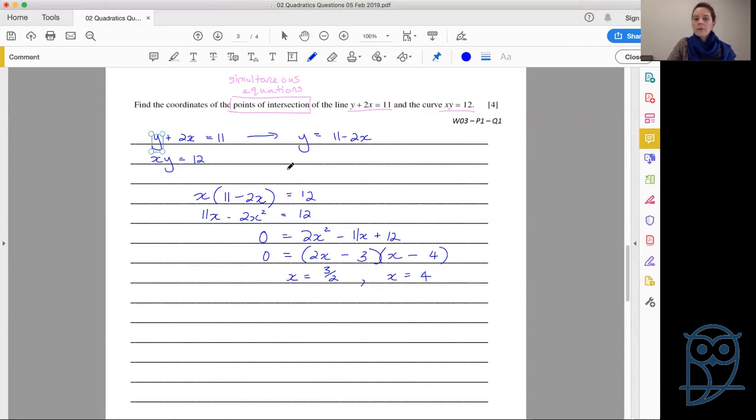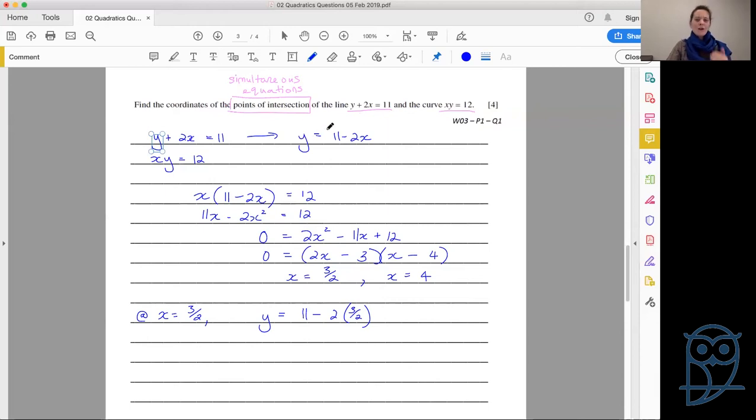But remember here, we want coordinates of the point of intersection, and we're solving simultaneously. So we're not just solving for x, we are solving for x and y. So at x equals 3 over 2, y is going to equal 11 minus 2 times 3 over 2. We have this rearranged format here at the beginning that says y equals.